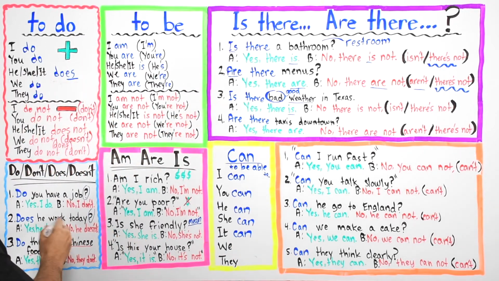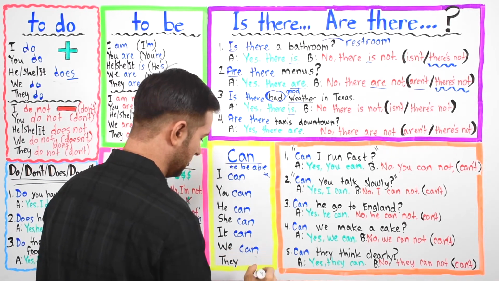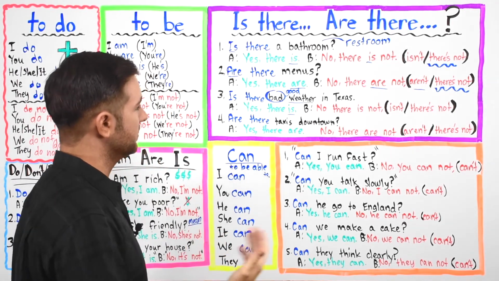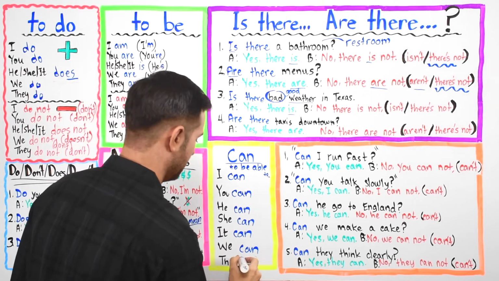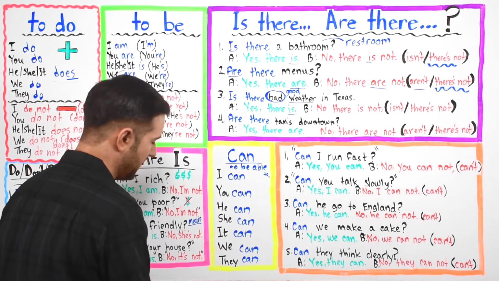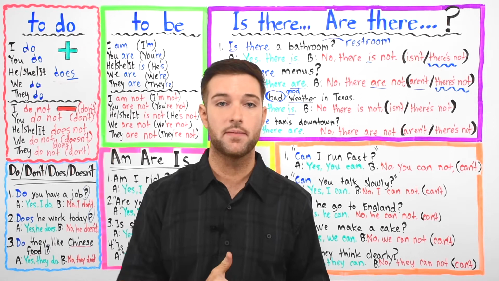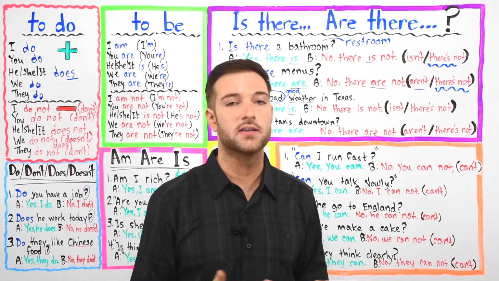You can use that. We can talk, right? We can talk to each other. They can make a cake, or they can make this or that. Okay, they can, we can, etc.